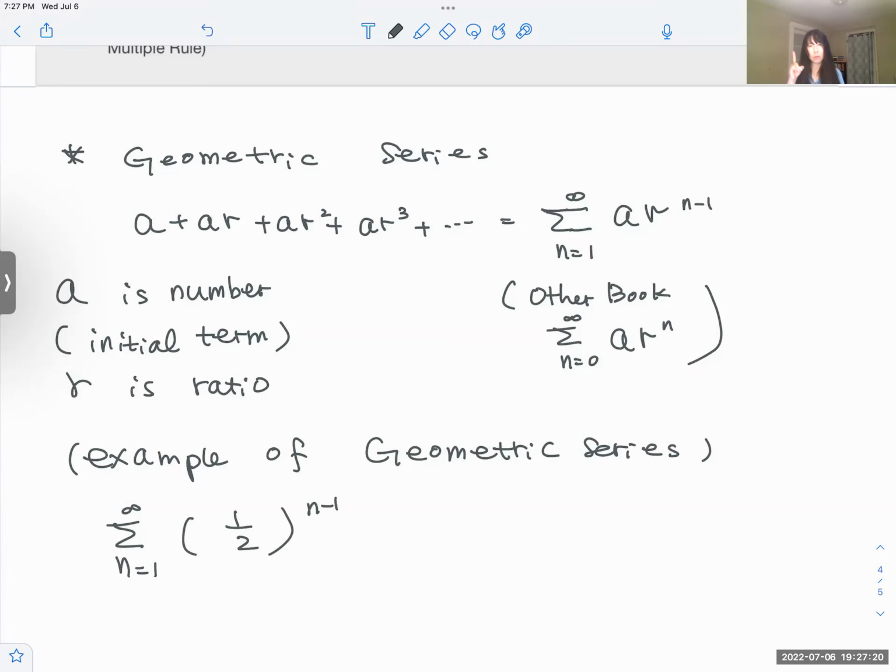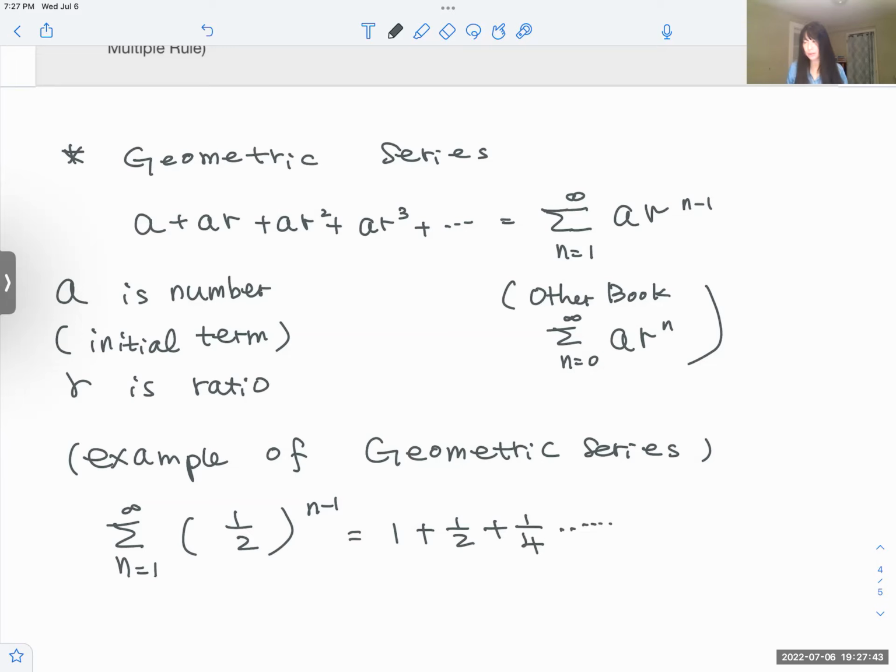So when n equal to 1, we get 0 power, and 0 power is 1. Good, now you remember. And when n equal to 2, we get 1/2. When n equal to 3, we get 1 over 4, very good, and so on.